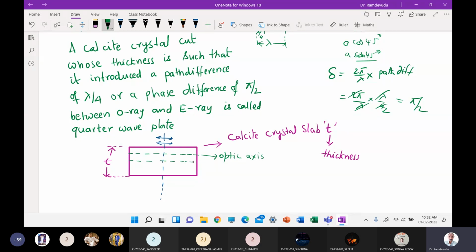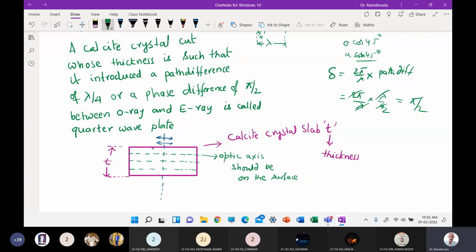So this is the optic axis, means that optic axis is on the top surface of it. This is also an important one. To get double refraction, the optic axis should be on the surface of this one, otherwise you don't get double refraction.